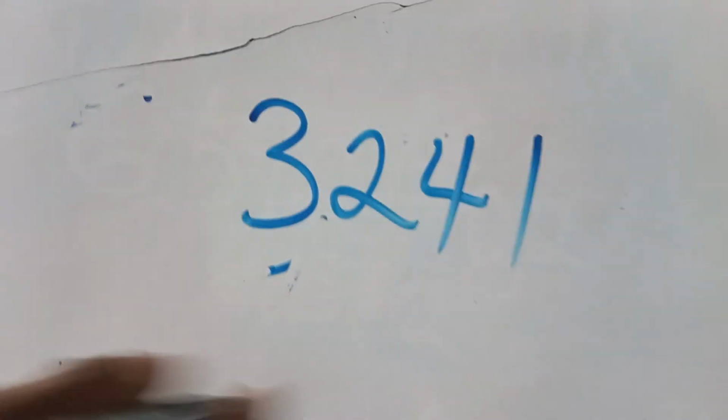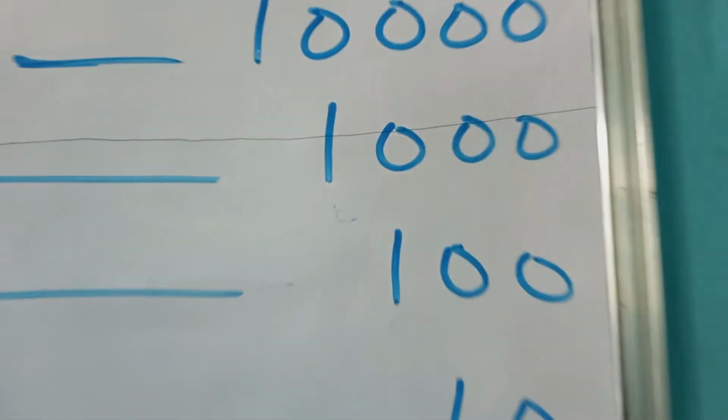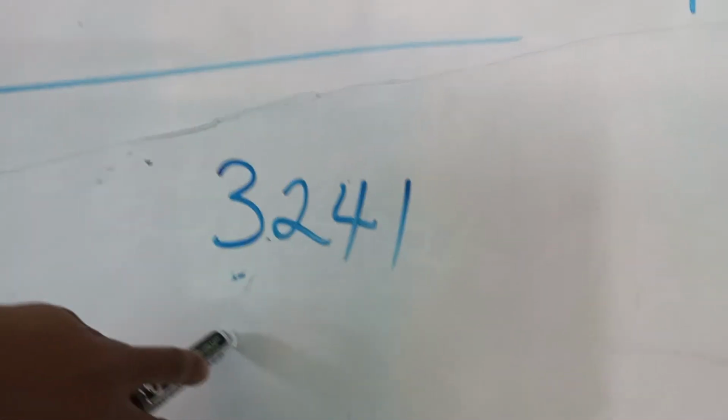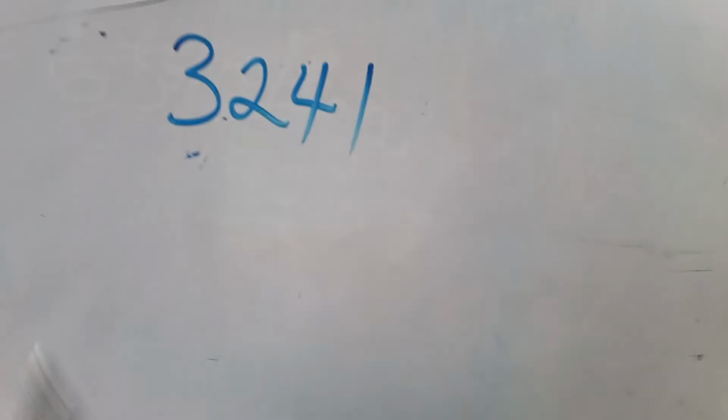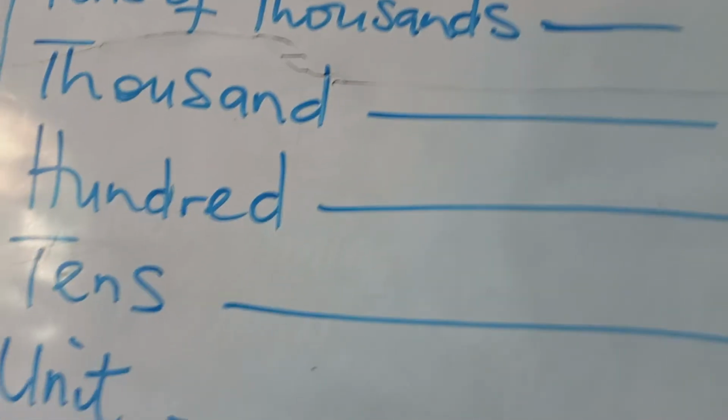Let's count the number of digits. 1, 2, 3, 4. Let's count the one over there. 1, 2, 3, 4. Have you seen? This is 1,000 and this is 3,241. The same 1,000 is still under 1,000. So from 1,000 down to 9,000 must be 4 digits in number.